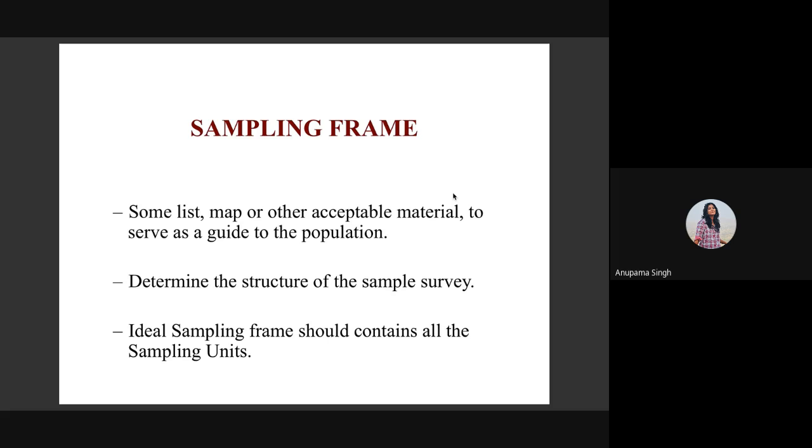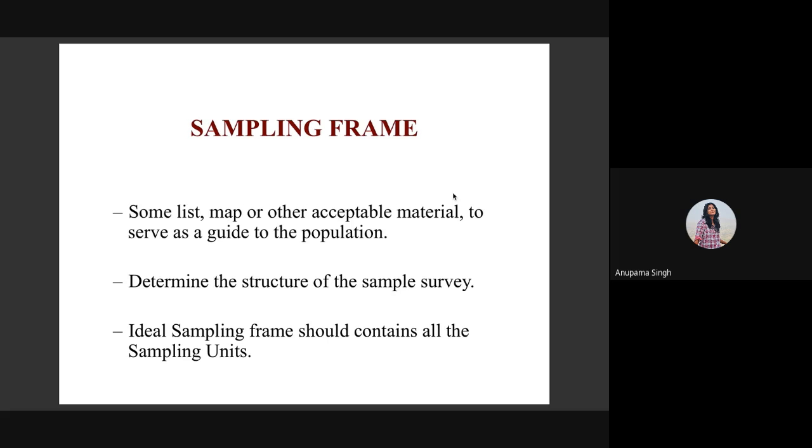A sampling frame is a very simple thing. A sampling frame is a listing of the whole population or individuals in the population from which we are going to acquire a sample, right? It can be anything. It can be a map, or a listing, or any material that can provide us a path to understand the population.